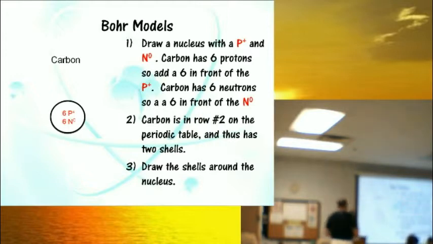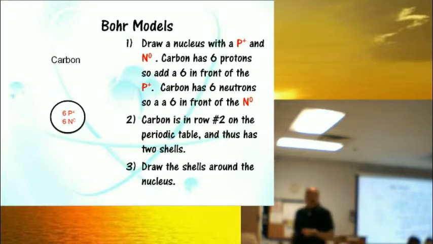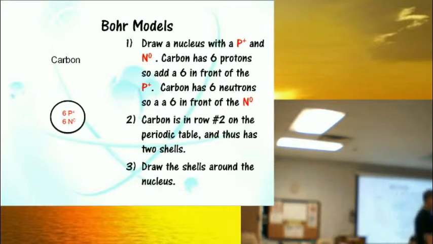Now, carbon. Somebody tell me, on the periodic table, what row is it in? Which row? It's in the second. So how many shells do we draw? We draw 2. Since it's in the second row, and if you don't know how to do that, or you were not here, let me see your periodic table. Everybody look up here, please, if you don't know. Carbon is right here.